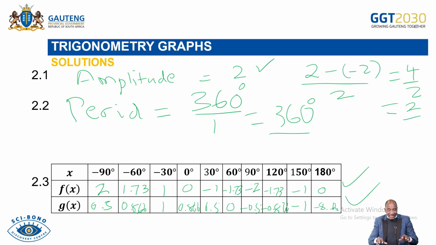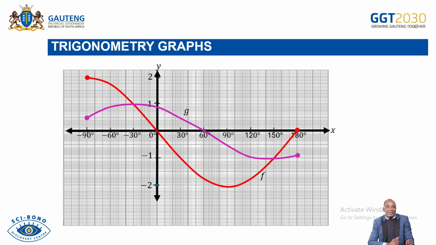So having calculated your points, you now go to your Cartesian plane and plot all your points, point after point. You will find that these two graphs will meet at some points. They meet already here at negative 30. They meet again at negative 150. They are sharing those y values at that time.